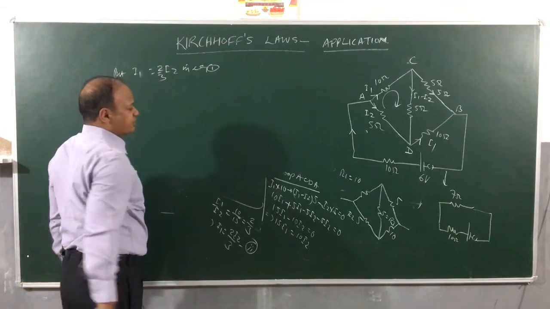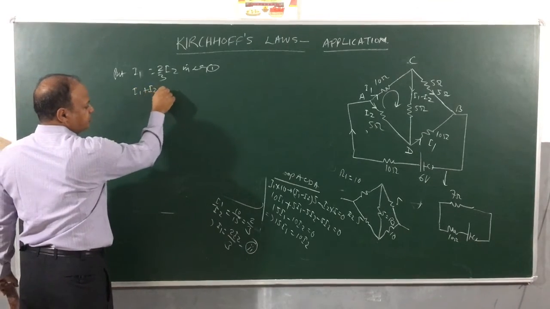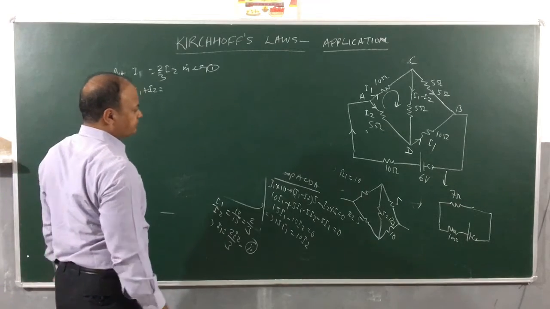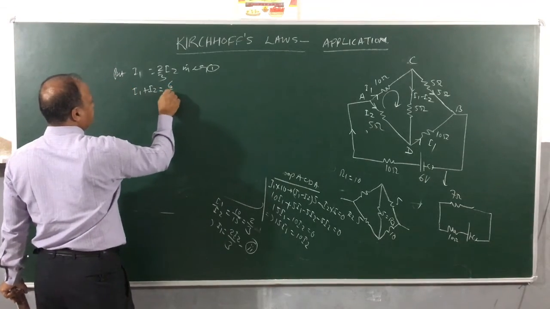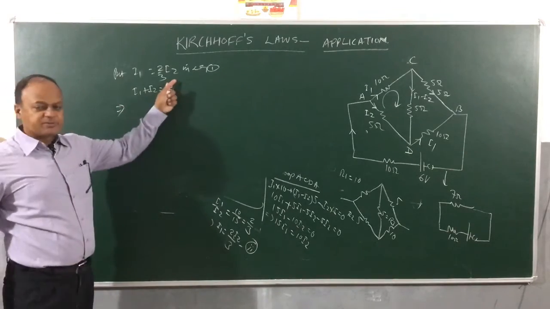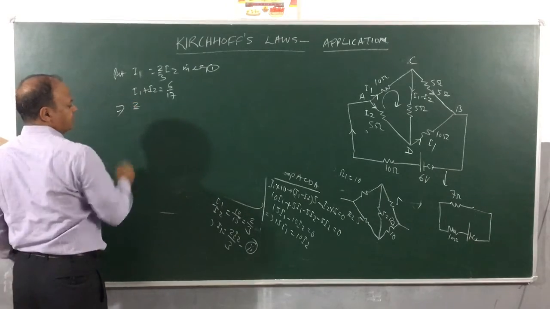And what is equation 1, children? I1 plus I2 is equal to 6 by 17, right? I1 plus I2 is how much? 6 by 17, right? Now put the value of I1. I will erase this.